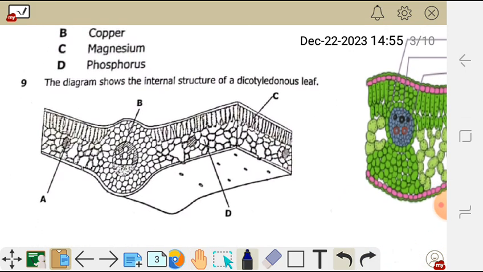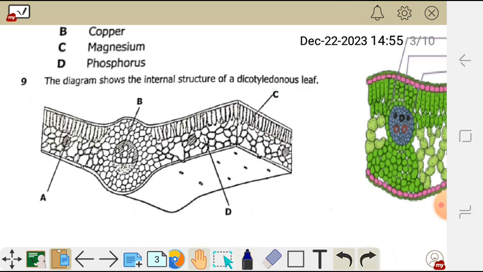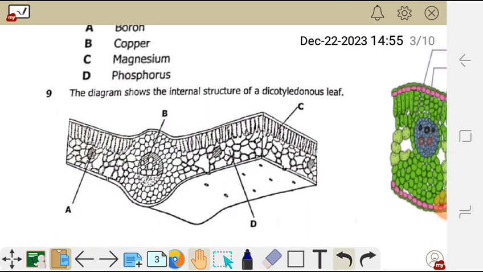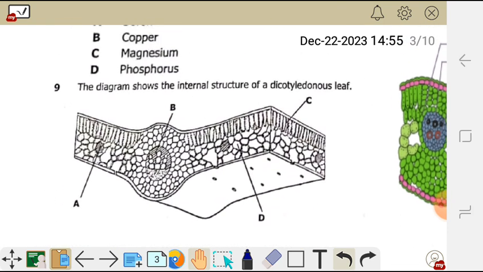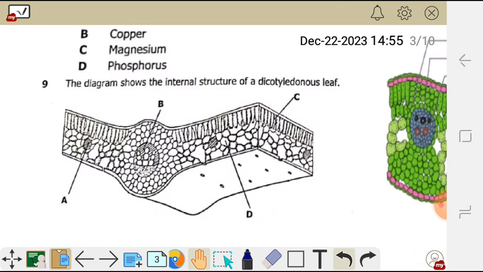Question 9 reads: the diagram shows the internal structure of a dicotyledonous leaf. So this is a dicotyledonous leaf. Here they were asking which part is responsible for transportation of minerals and salts.